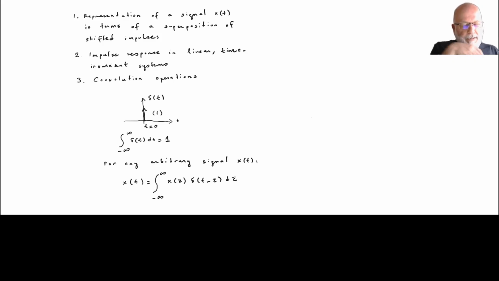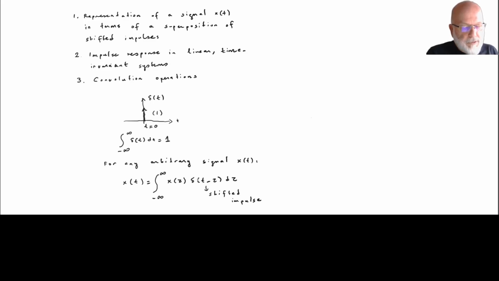Now this is a very remarkable result because we are able to denote an arbitrary signal in terms of a certain operation, integration operation, involving shifted impulses. So you see, this is a shifted impulse. Okay? And what kind of operation is this? We multiply the shifted impulse delta of t minus tau by the term x of tau.